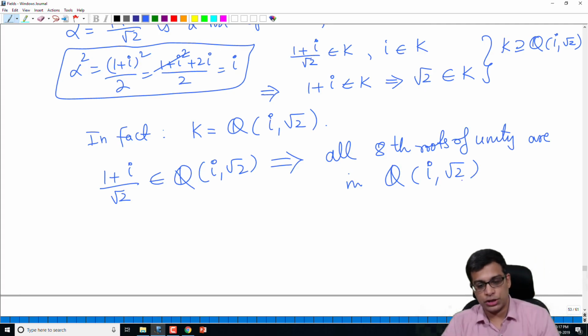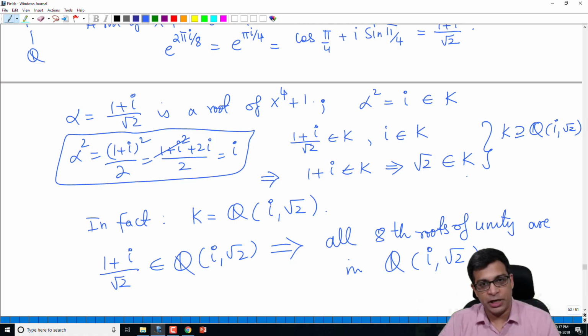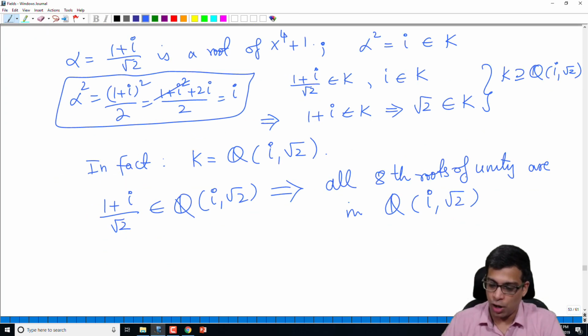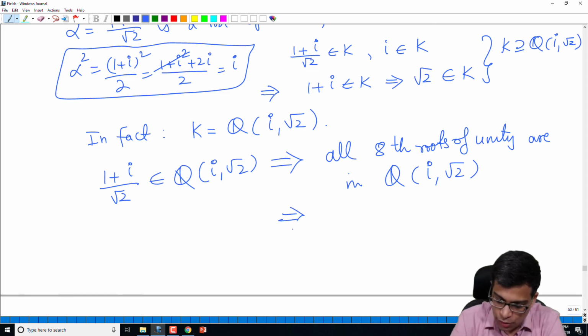See, the roots of unity form a cyclic group under multiplication, and a primitive root of unity is a generator of it. So once one of those generators is there, its powers will be there. That means all other roots are also there. So once all roots are there, all 8th roots of unity are there.